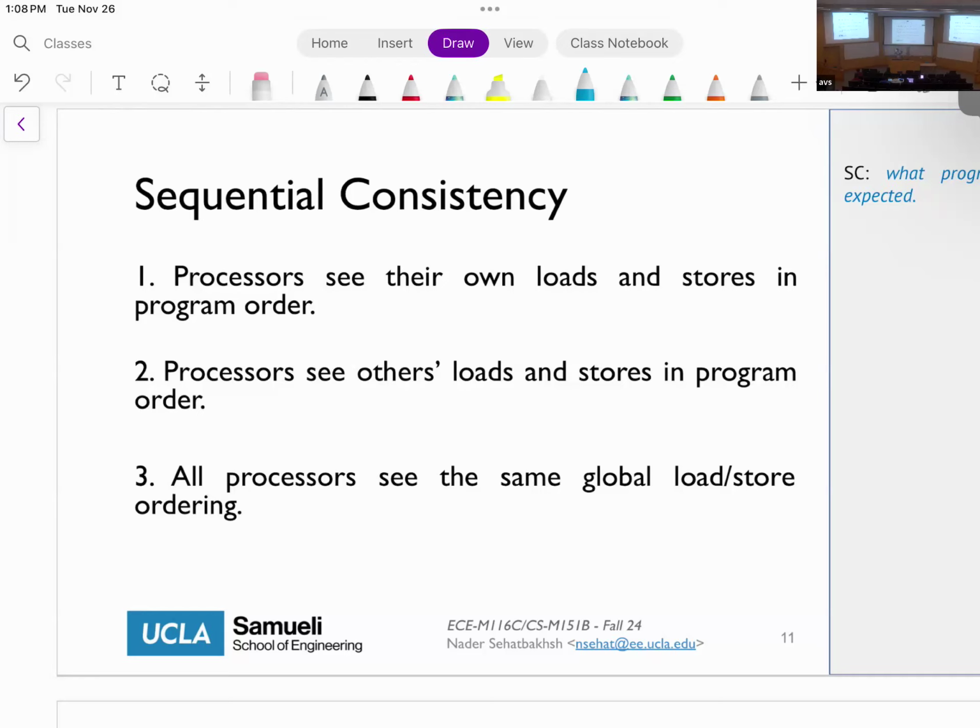And then essentially all the processors see the global order of loads and stores in the same manner. So everybody sees the same thing, and the thing they see is the program order. If you see a load first and a store next, it is guaranteed that the load happens first and the store happens next.